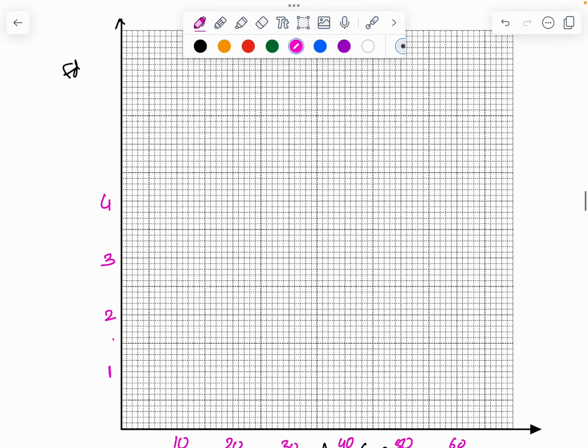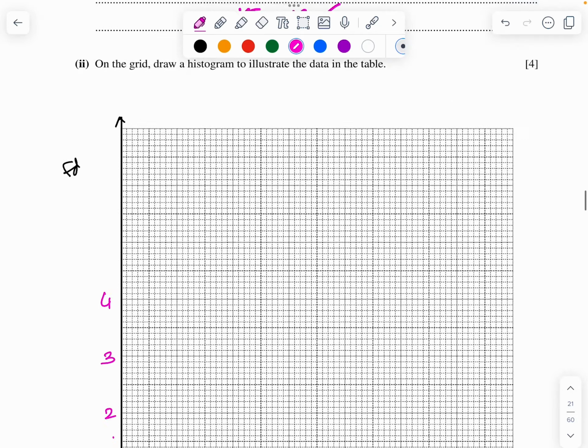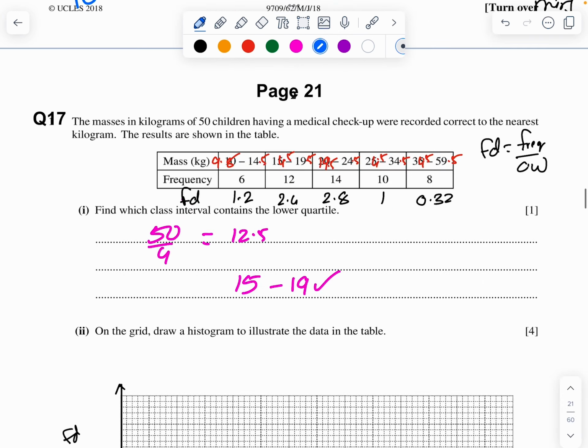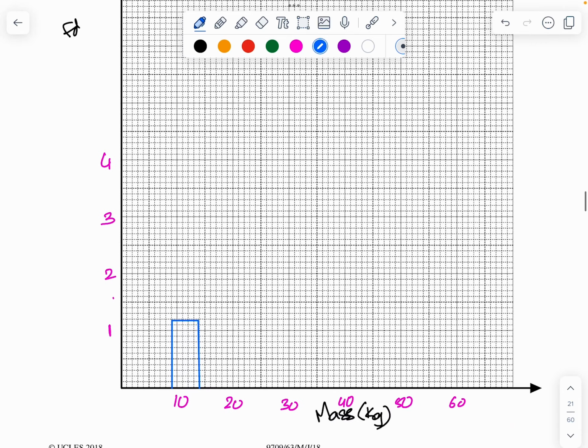So from 9.5 to 14.5 it is 1.2, approximately this one.